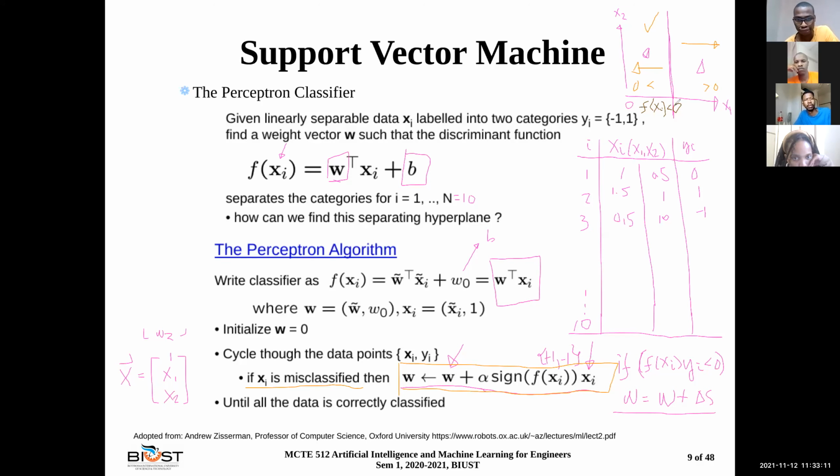And in this region here, f of xi is greater than 0. They're classified as positive 1 in terms of our yi. In this region here, in terms of your yi, they're classified as -1.